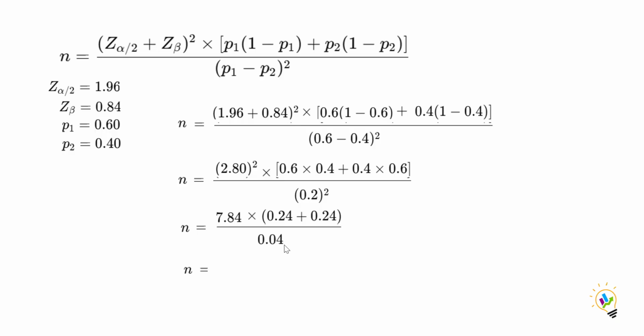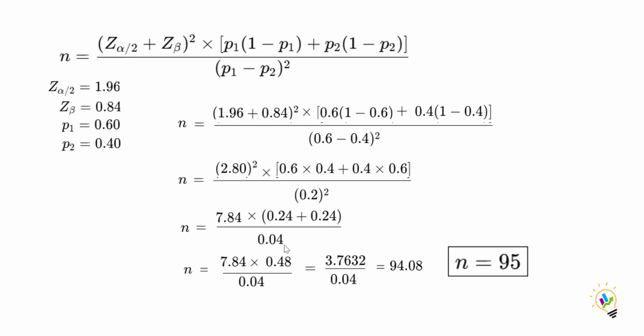So n is equal to 7.84 into 0.48 divided by 0.04. That is 3.7632 divided by 0.04, which is nothing but 94.08. So if you round up, it is 95.